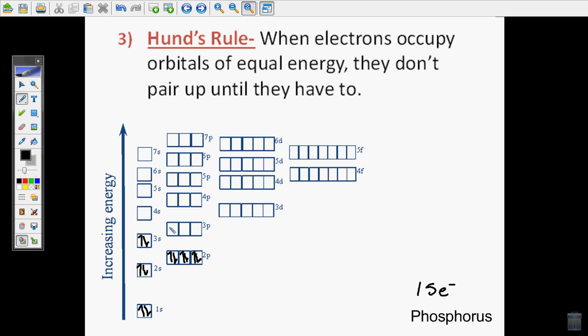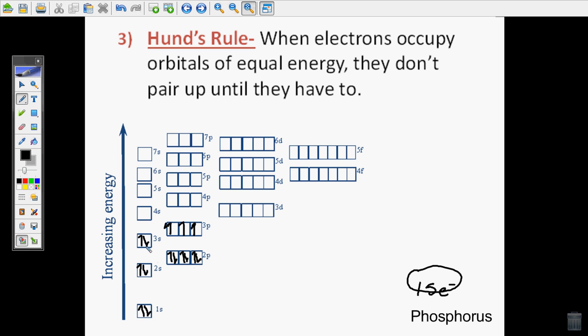Oh, my pen's messed up. 13, 14, 15. So now I'm going to stop because I've used up all my electrons. So you notice I started here, and each box represents an energy level. So 1s, 2s, 2p. I want my s to be full before my p is full.